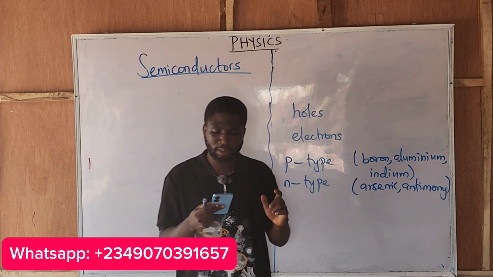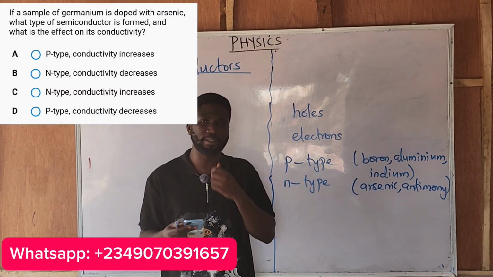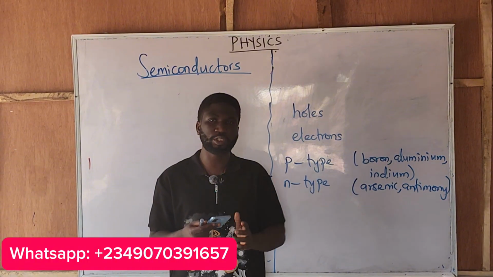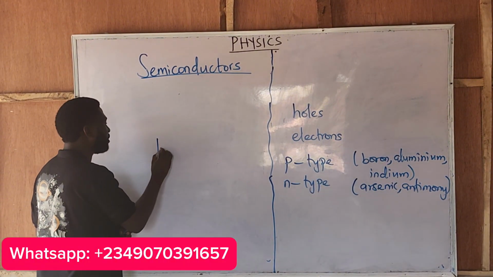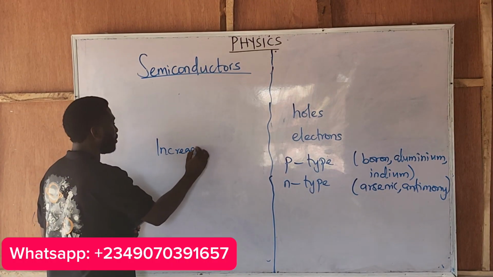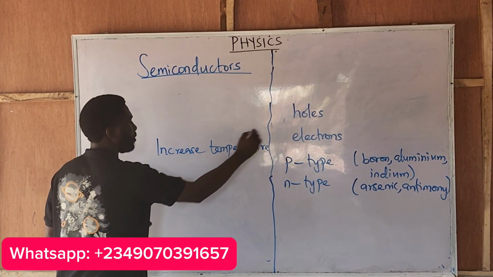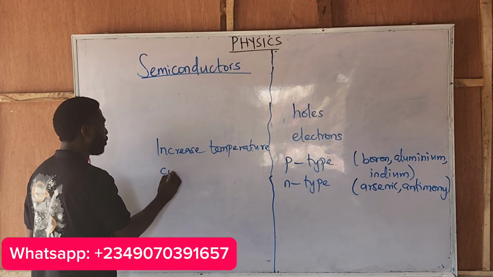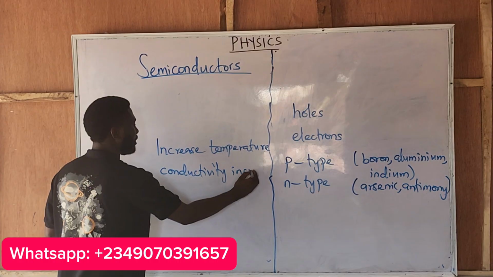And we also have this question: what is the effect on its conductivity? Here's what you need to know pertaining to semiconductors. If we increase the temperature, the conductivity gets increased.